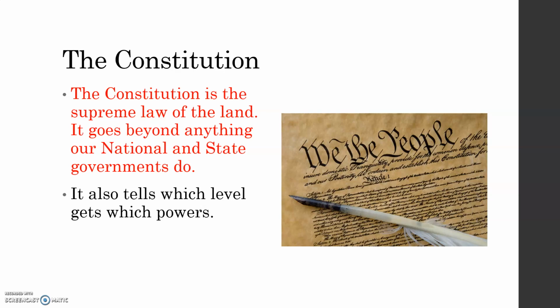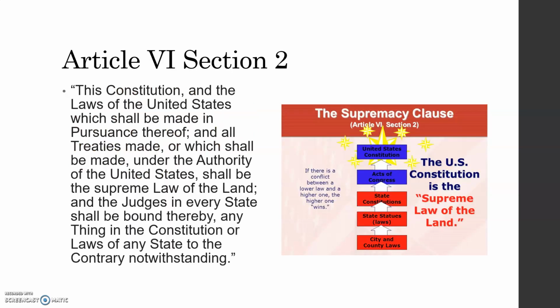Now, there's something else in that Constitution that you might remember that might have given you an idea of that, and that was the Supremacy Clause, which you can find in Article 6, Section 2 of the Constitution. This Constitution and the laws of the United States which shall be made in pursuance thereof, and all treaties made, or which shall be made under the authority of the United States, shall be the supreme law of the land, and the judges in every state shall be bound thereby, anything in the Constitution or laws of any state to the contrary notwithstanding.